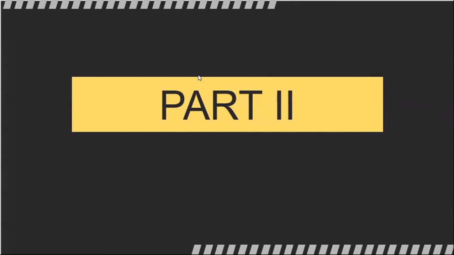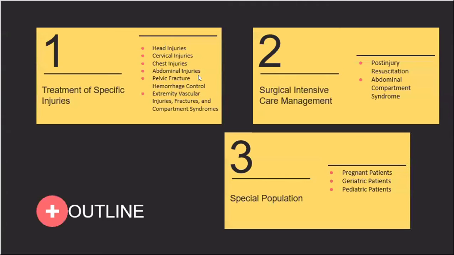Yes, Doc. Okay, so let's proceed with our lecture. For the second part of our lecture, I'll discuss specific organ systems, their usual injuries and management. So this is the summary.